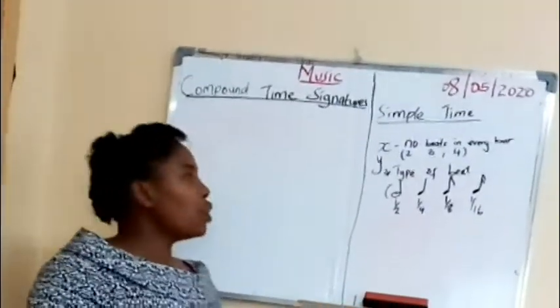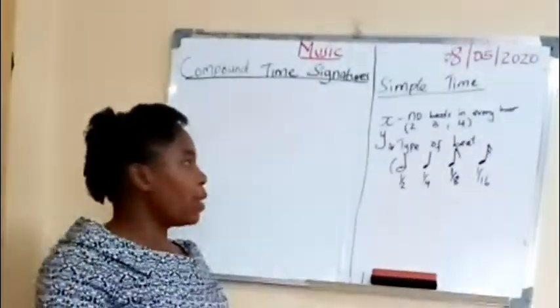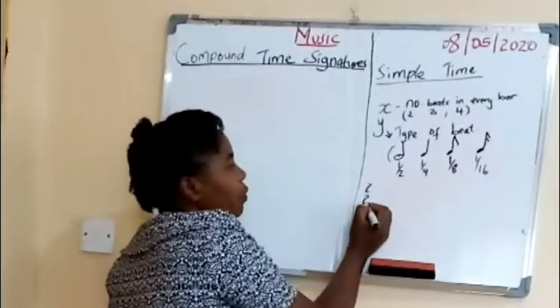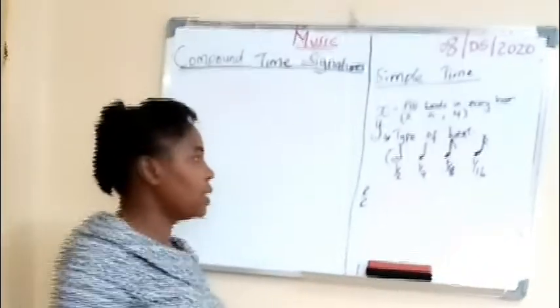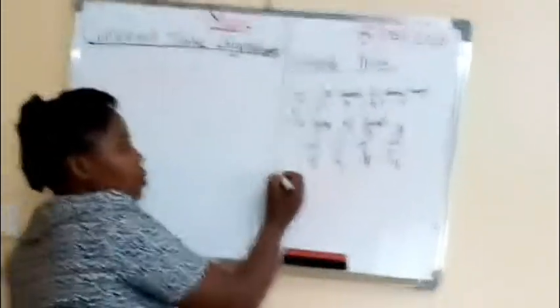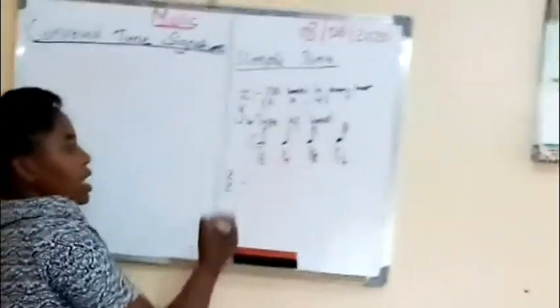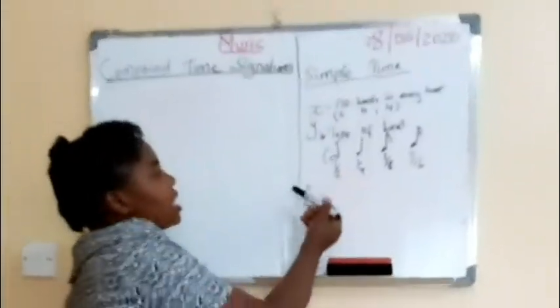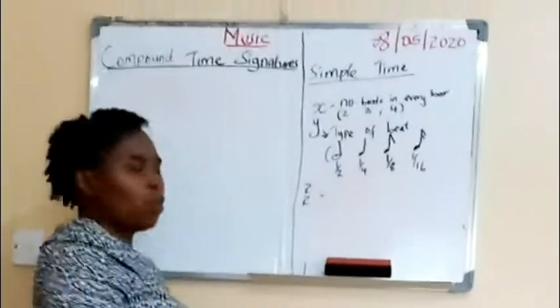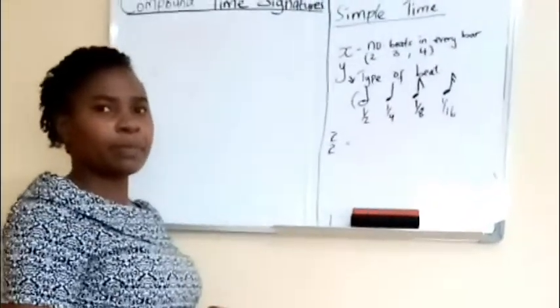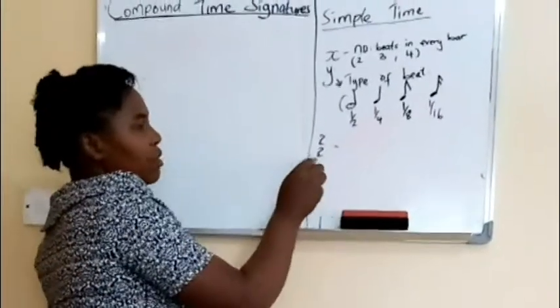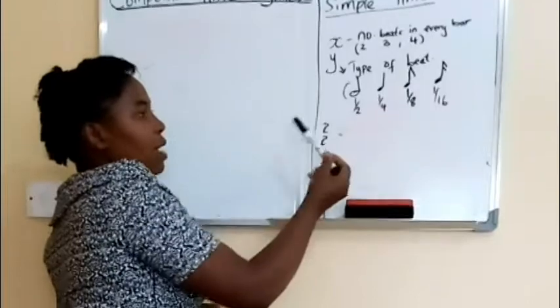So for example, if there are 2 minim beats in every bar, we describe it as simple duple time with a minim beat.